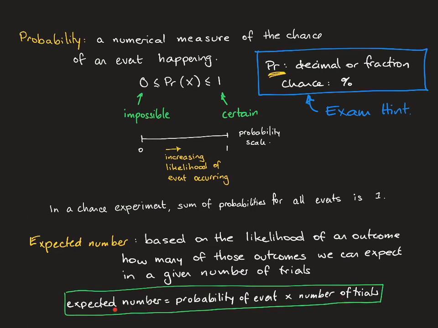Now the expected number is just the number that we expect to happen. It's not a prediction of what will actually happen, but it is an indication of, given the likelihood of something happening, how many we would expect. That's why it's called an expected value, not a predicted amount.